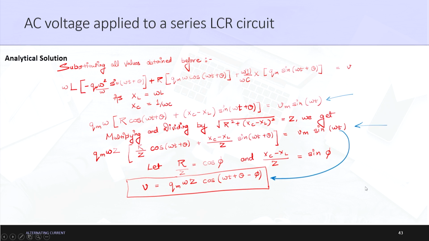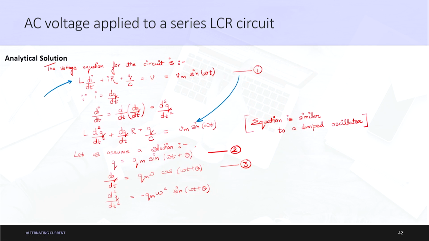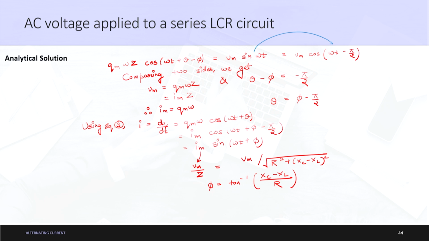After assuming a solution of q is equal to qm sin omega t plus theta, we finally obtained that the current is Im sin omega t plus phi, where Im is Vm upon Z, and phi is equal to tan inverse of Xc minus XL upon R. Please remember, here Z is equal to the root over R square plus Xc minus XL whole square. That is how we understand this impedance concept.